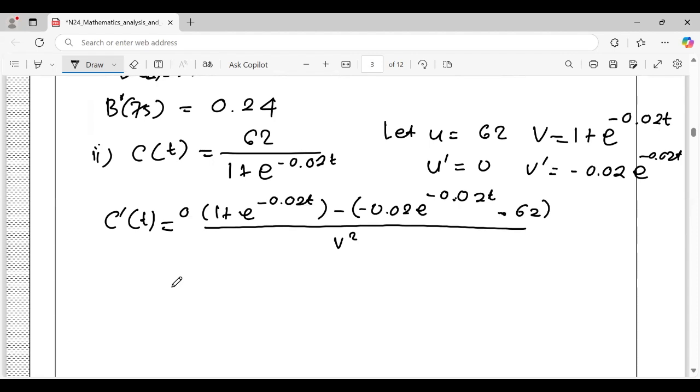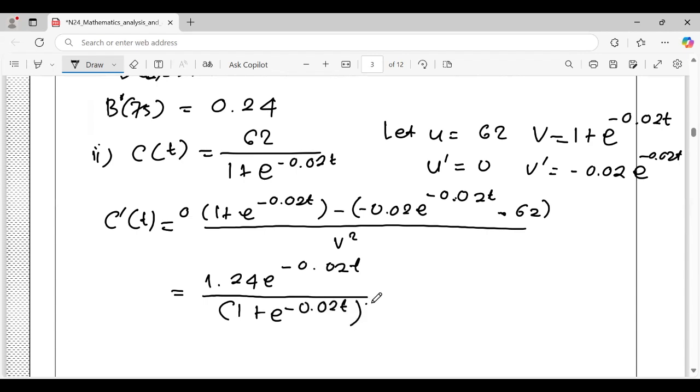And the derivative will be like this: 1.24 e^(-0.02t) over (1 plus e^(-0.02t)) squared, like that.